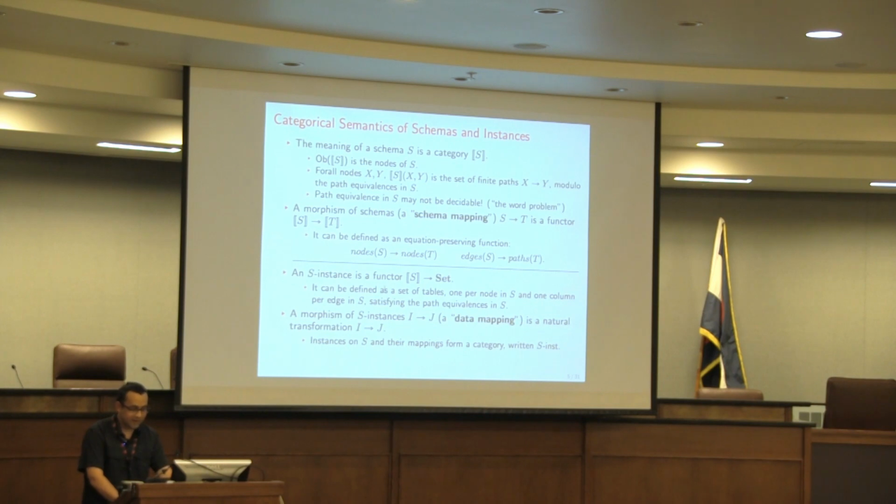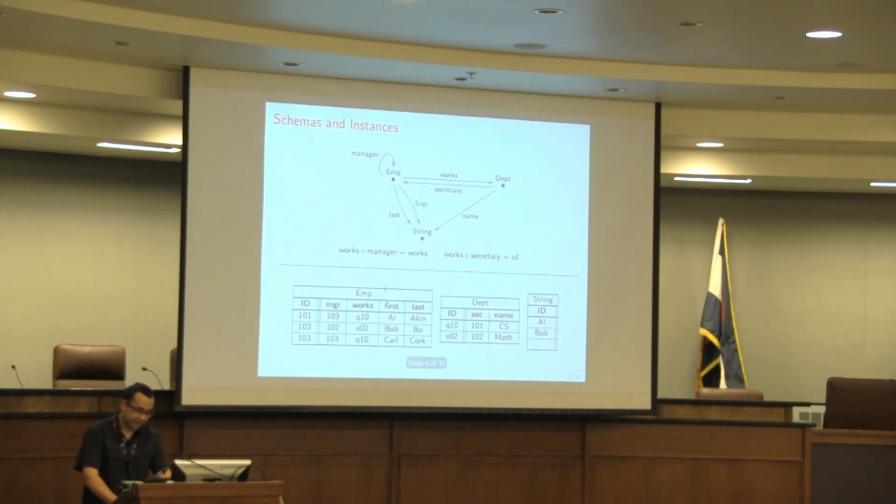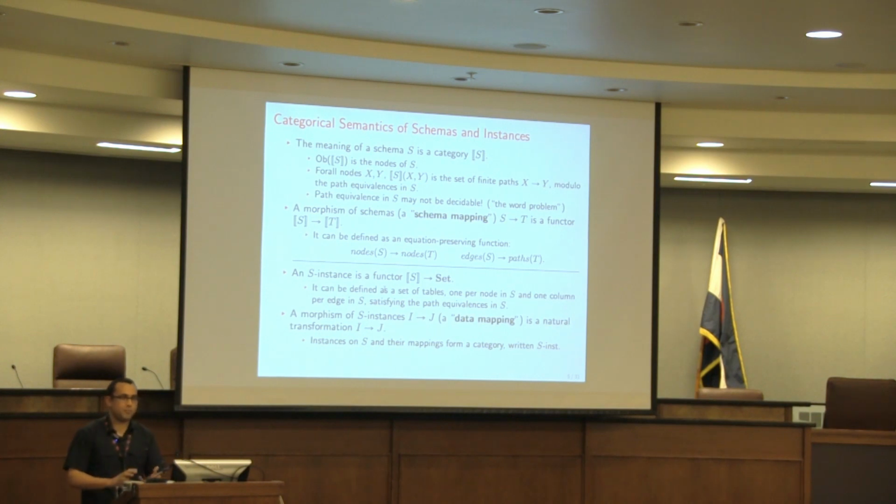You can define it as a set of tables, one per node, that obeys the equations. So this slide is hiding a category and a functor from that category to the category of sets. And then there's a notion of morphism of databases, which are natural transformations, but we're not going to see those much in this talk, so I will ignore that.